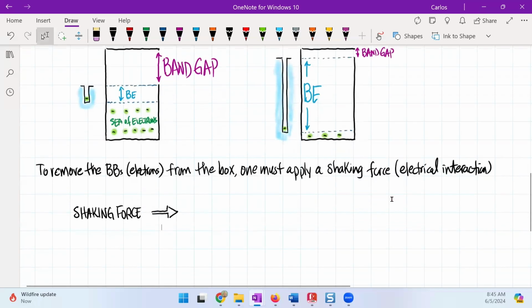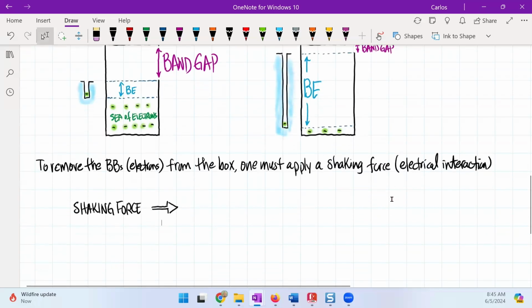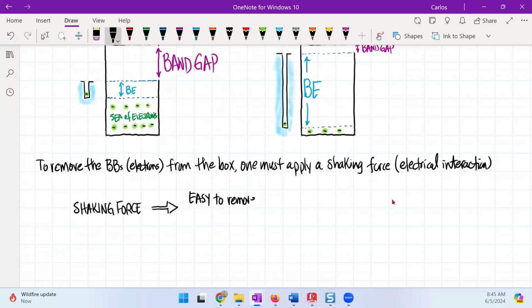Well, if it's easy to remove, for conductors, it's easy to remove BBs from the box. That tells us that this box is a conducting box.